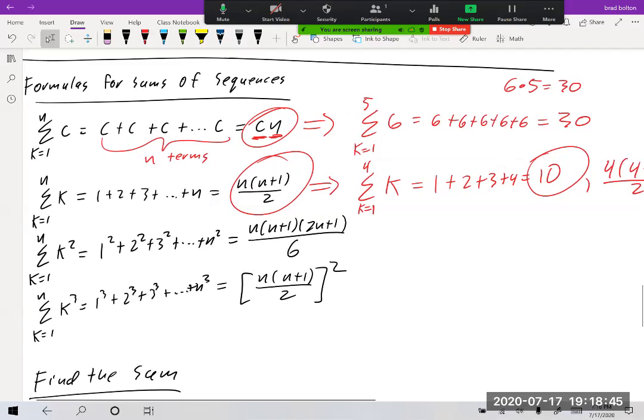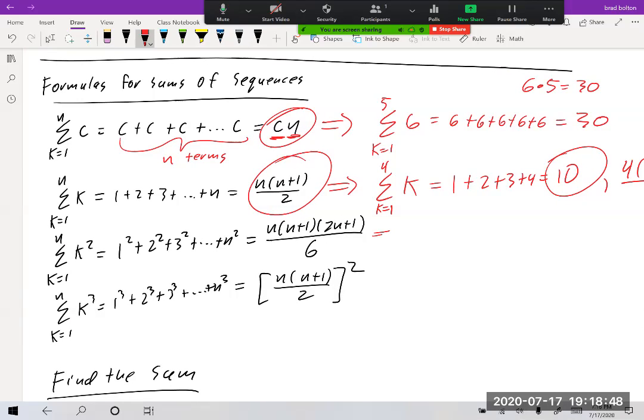So now, what if I wanted to tell you, find the sum from k equals 1 to, I don't know, 25 of k squared? I don't want to have to write out 1 squared plus 2 squared plus 3 squared plus 4 squared plus 5 squared all the way up to 25 squared. What the formula says is just put whatever your stopping point is, 25, times 25 plus 1, which would be 26, times 2 times 25 plus 1, which would be 51, and divide it by 6.